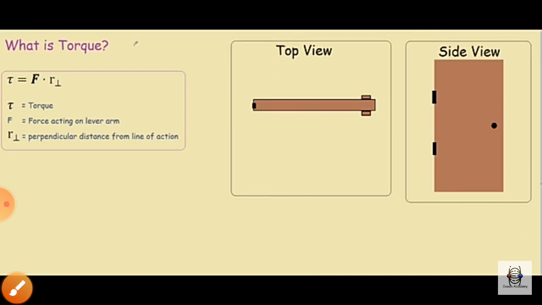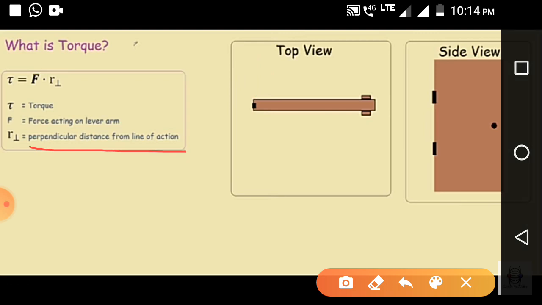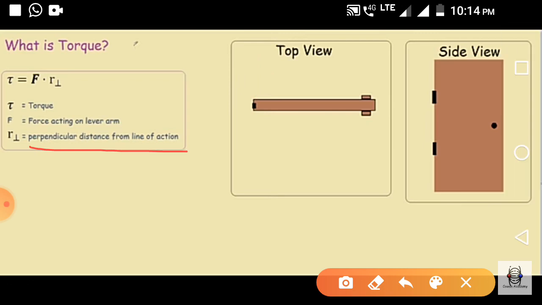So the second factor on which the turning effect depends is the perpendicular distance of the line of action from the pivot. Okay, so suppose that we know that here this is the pivot. If the force is applied here, then on this length, this distance, this is the perpendicular distance.